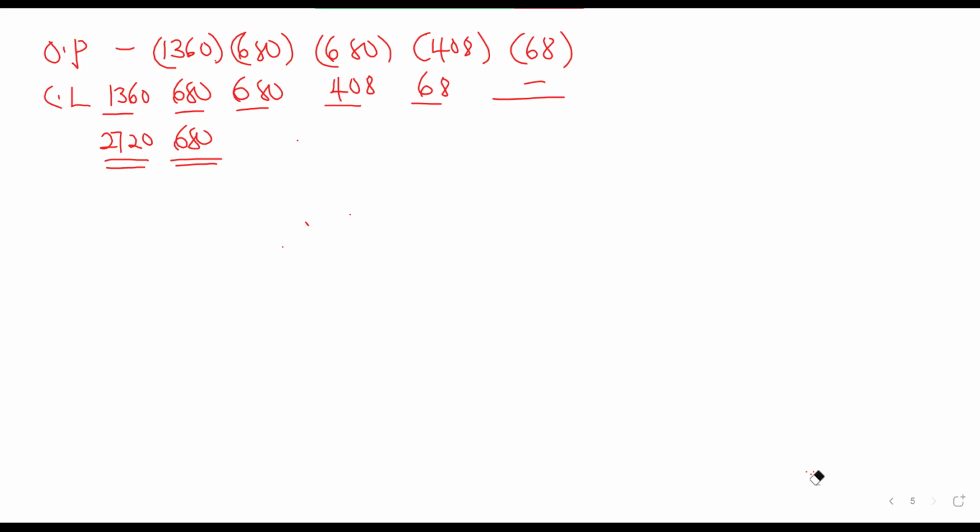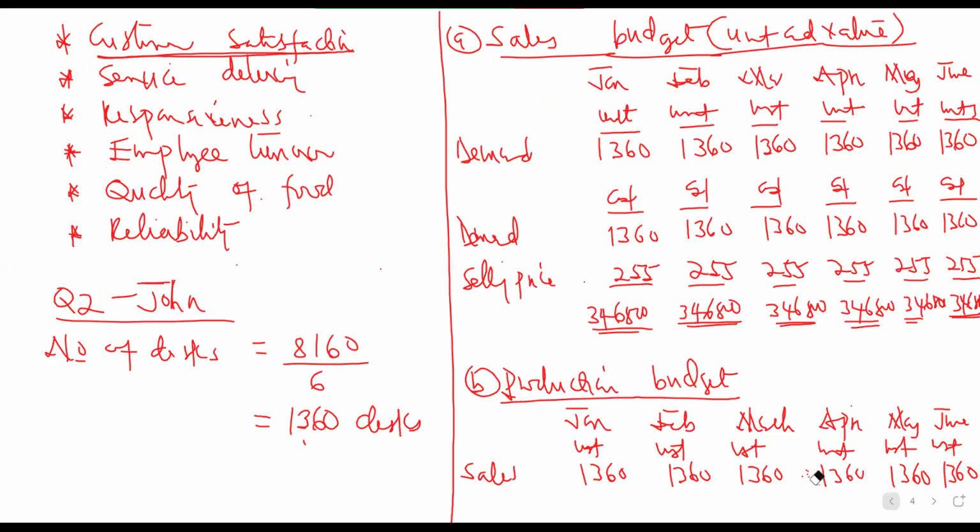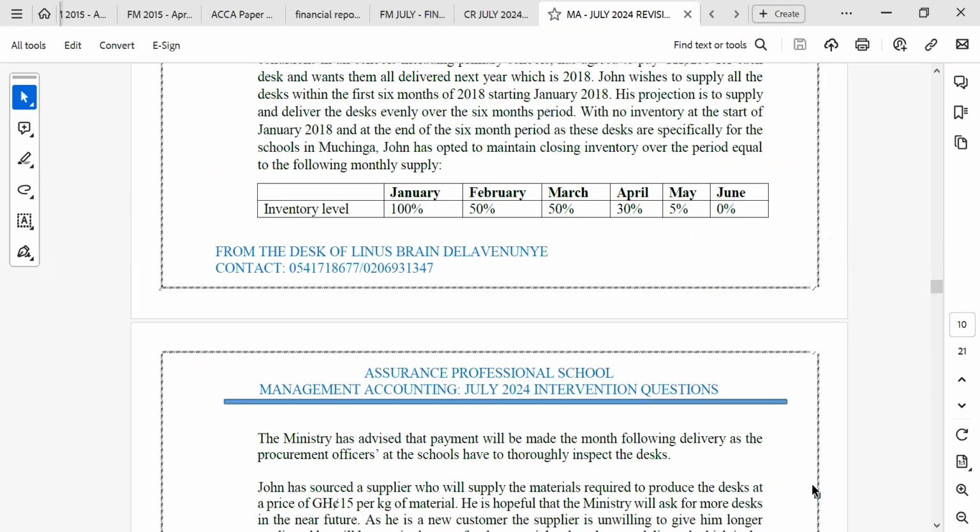Okay, so the 2720, is it in the question or you? No, we want to sell. We are selling 1360 every month. We want to produce and keep a closing inventory of 100%. It means that we will sell the 1360 and still keep 100% of the 1360 in our shop again.